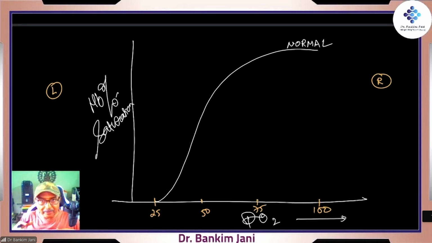What if, when we unload the oxygen, or in other words, there is more oxygen needed? Or let's forget this. I'm just drawing it, and then we decipher what exactly it is.